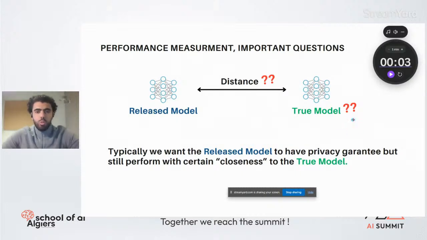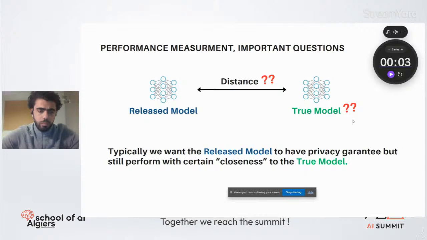We can consider a true model as the result of a training process without noise, or we can consider the true model to be the actual model of the data, if you have the actual distribution of the real data and not a learned model.